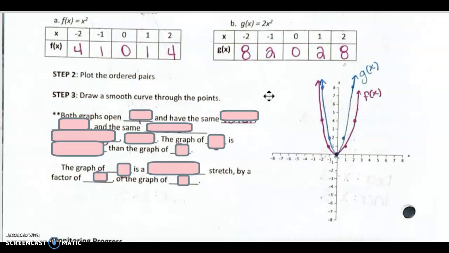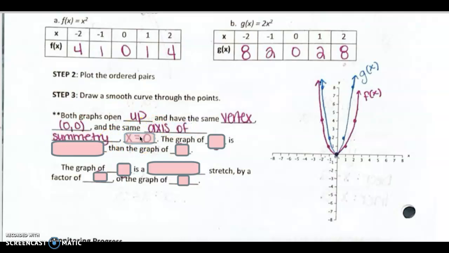So once we've done that, we can see that both graphs open up. They have the same vertex, which is at 0, 0, and they have the same axis of symmetry. That axis of symmetry is x equals 0 because it's going straight through the center of them. And it asks whether the graph of g is going to be wider or narrower than the graph of f.